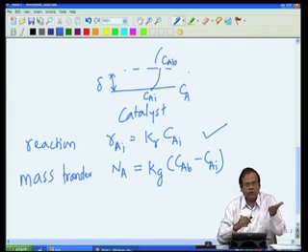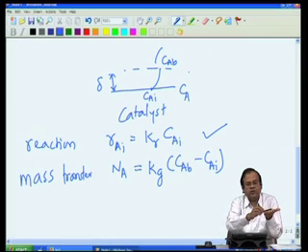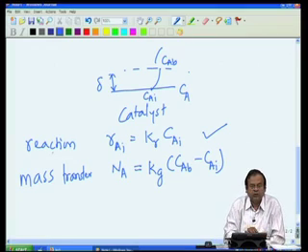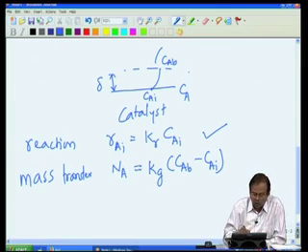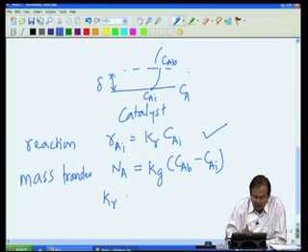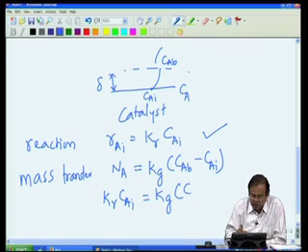Now, if I assume that this surface has no capacity to store mass, then the rate at which A is coming to the surface and the rate at which it is reacting must be equal, or in other words, the reaction rate and mass transfer rate must be equal, or we can write Kr into Cai must be same as Kg into Cab minus Cai.